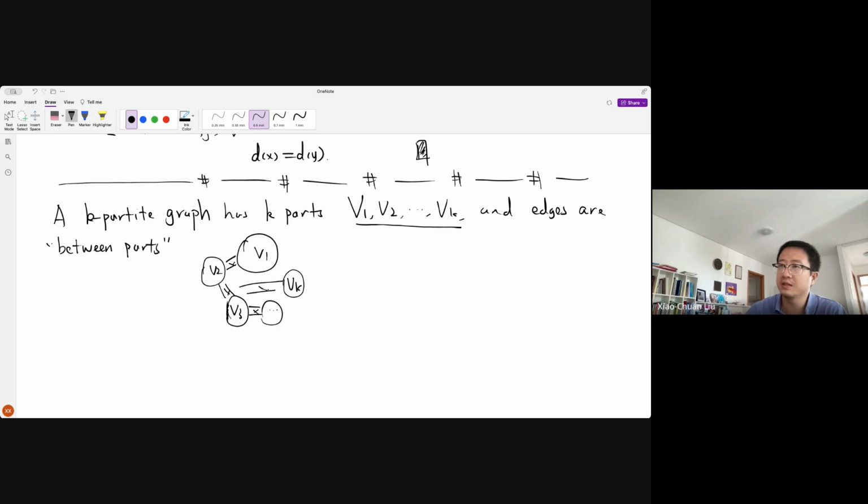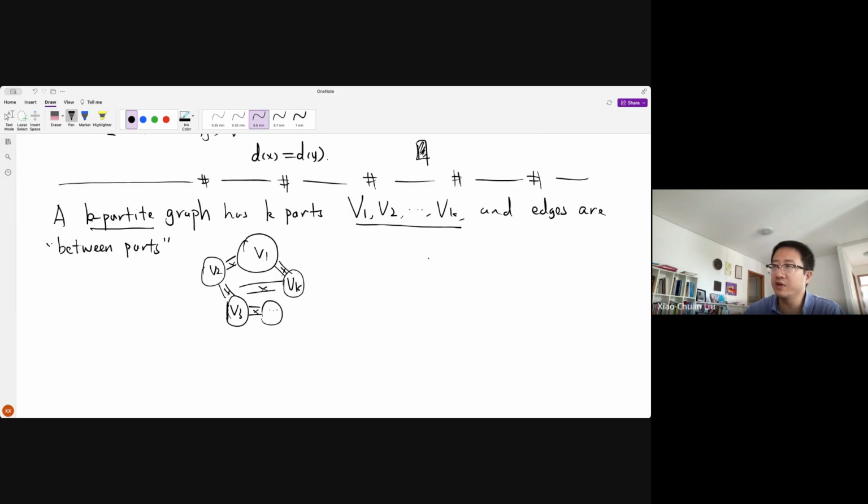I'm not saying that you have all the edges. In that case, you call it a complete k-partite graph. Once you can find k parts such that all edges are between parts, and there is no edge inside any part, then you are looking at a k-partite graph.